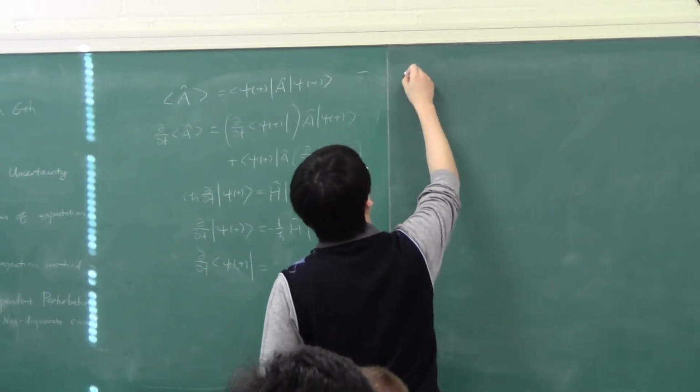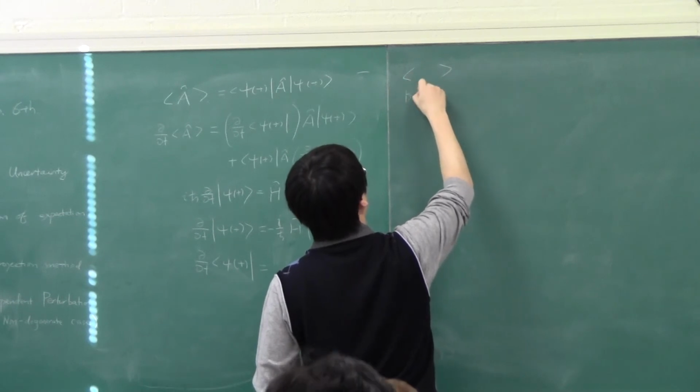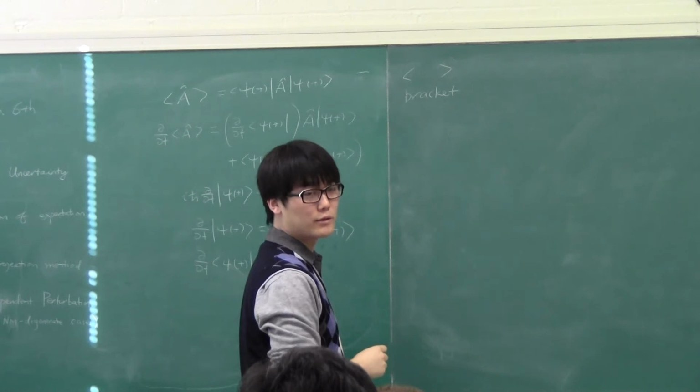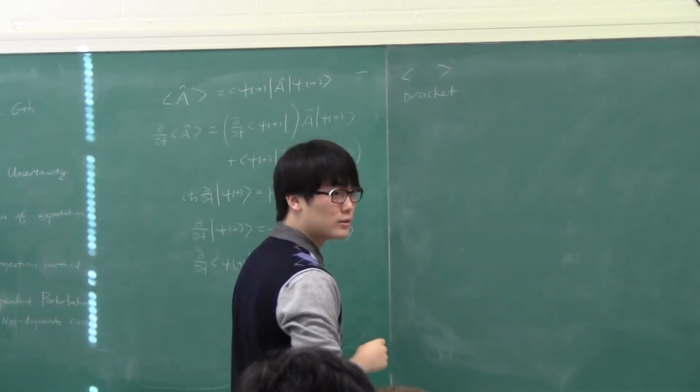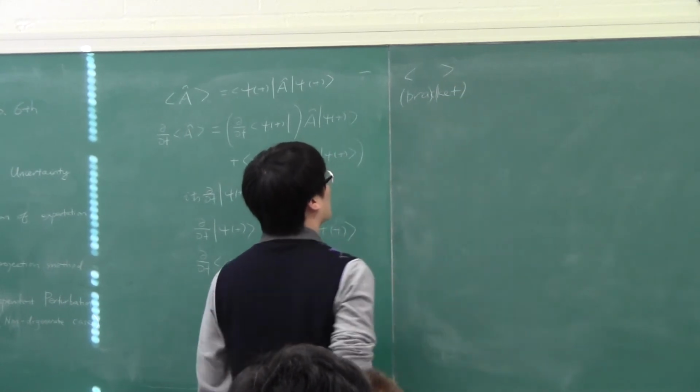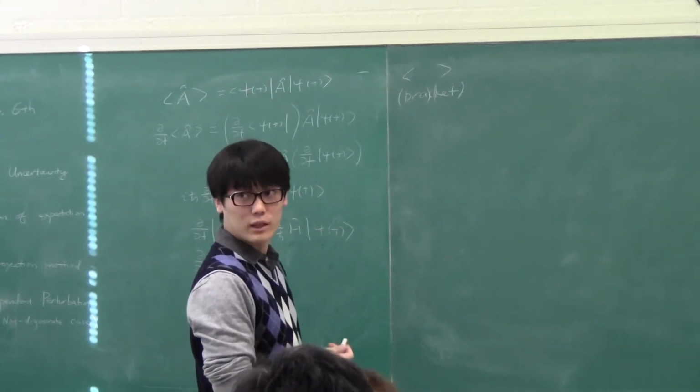This is called a bracket. If I were to divide this word into three parts, bra, c, ket, we're left with a c.